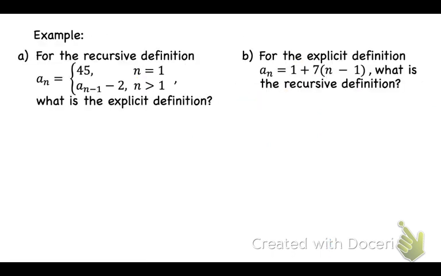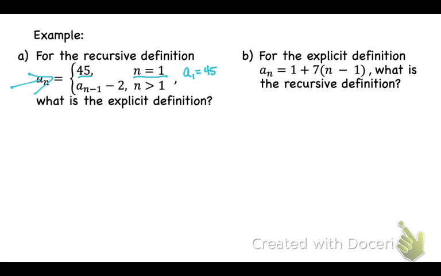For the recursive definition. See how this is recursive? Why is this recursive? Now, they wrote it a little different than I did. They wrote when n equals 1, it's 45. Isn't that the same as a sub 1 equals 45? Yes, they wrote it a little different.